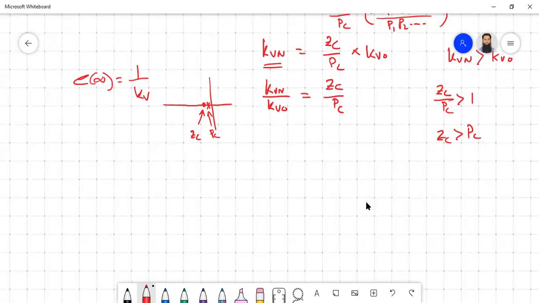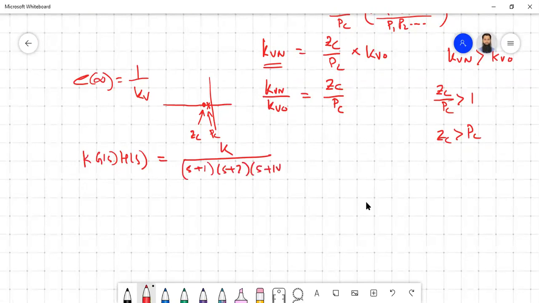So let us try to repeat the previous example, the previous system, for which we had K G of S H of S equal to K by S plus 1, S plus 2, S plus 10. That is your previous example 9.1.